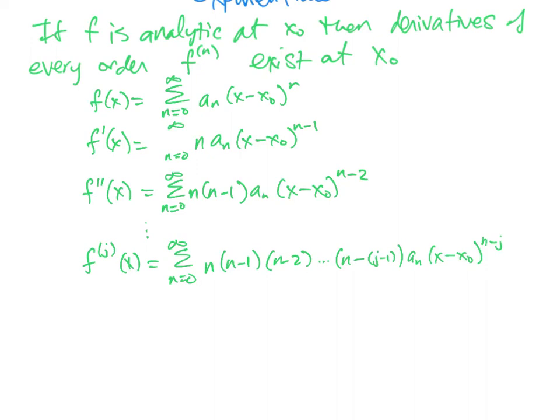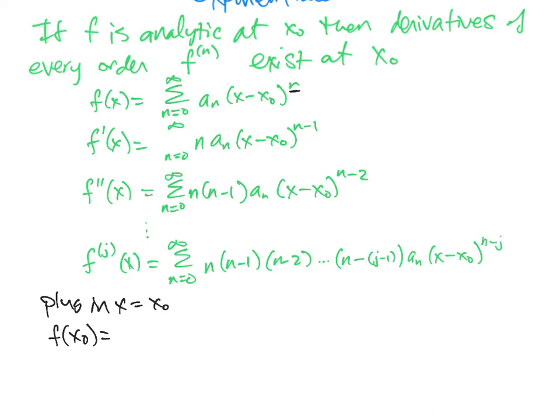So let's plug in x naught and think about what the values of all the derivatives of f are at x naught. Plug in x equals x naught, and the x equals x naught is going to kill off every (x minus x naught) term except for when that exponent equals 0.